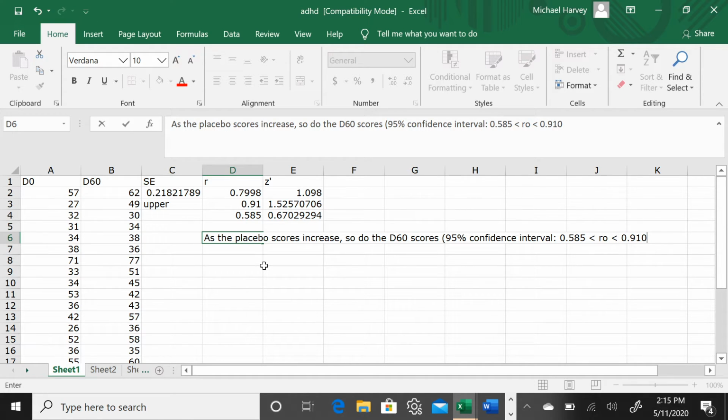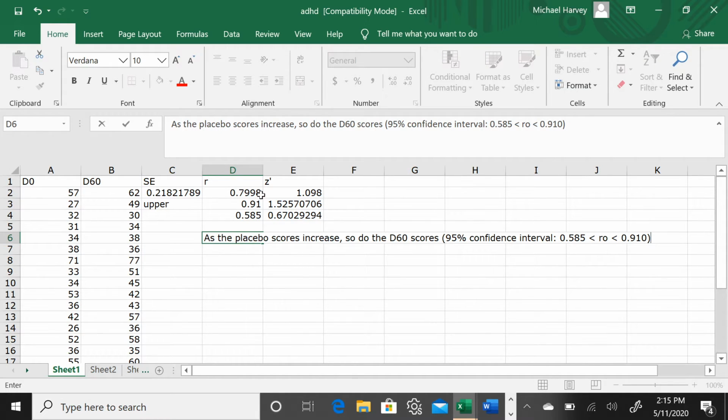0.910. Now, if I was writing a scientific paper, this is how I would report this result. Because it tells the direction, so they're positively correlated. If these numbers were negative, that would mean as the placebo scores increase, the D60 scores decrease. But that's not what's going on.